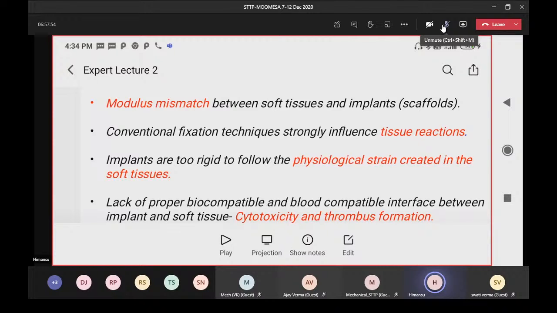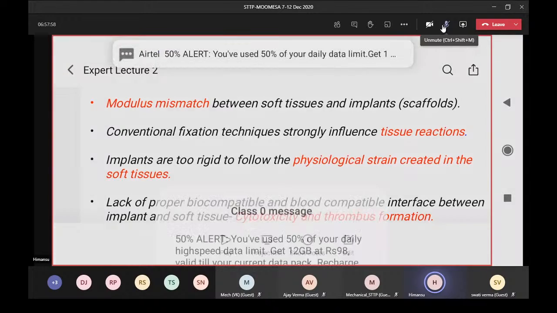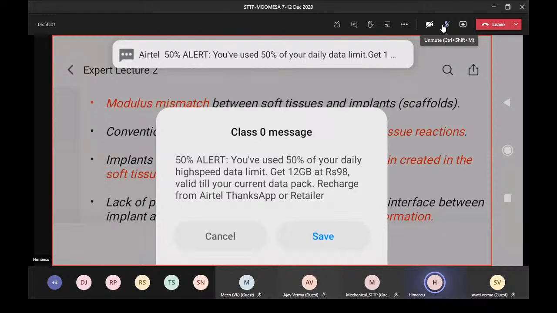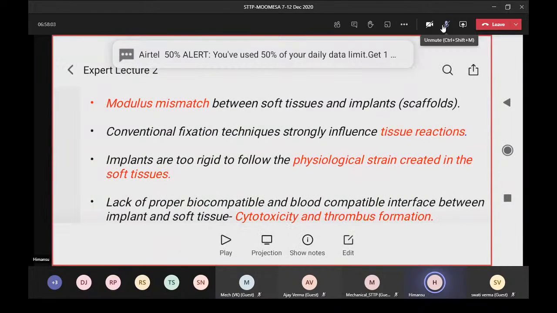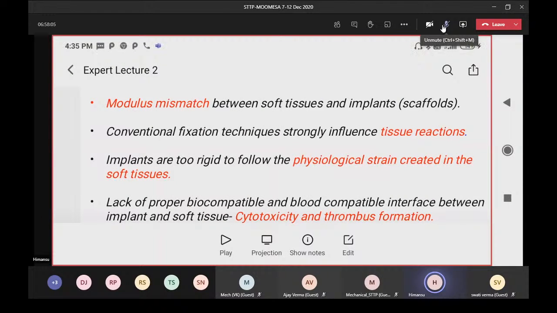The last part is the lack of a proper biocompatible and blood-compatible interaction. For example, when we are using any surgical procedure, it is very important to note that blood flow is a must. Blood will immediately clot. Doing surgery in a clotting environment is very, very difficult.